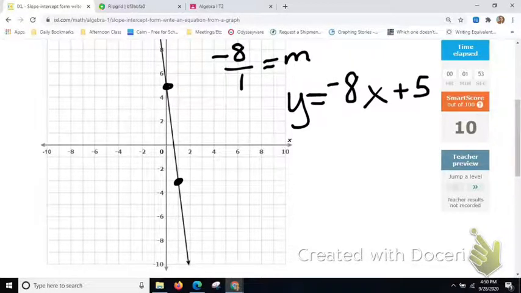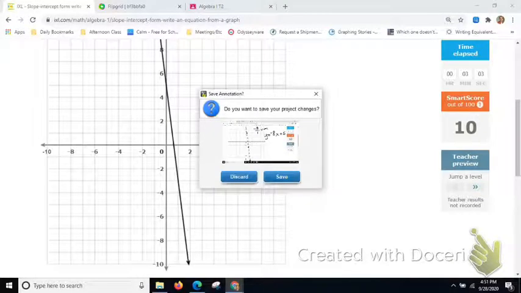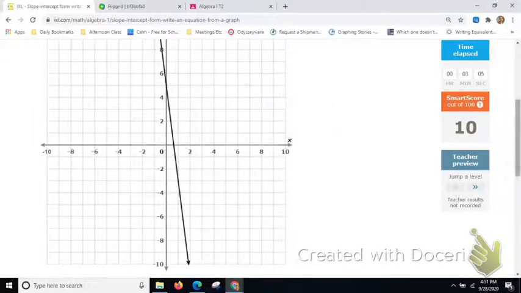And if I want to double check that, if I count down 8 again, down 8 and over 1 would be just off the graph, which looks like where that arrow is going. So y equals -8x plus 5. So y is equal to -8x plus 5.